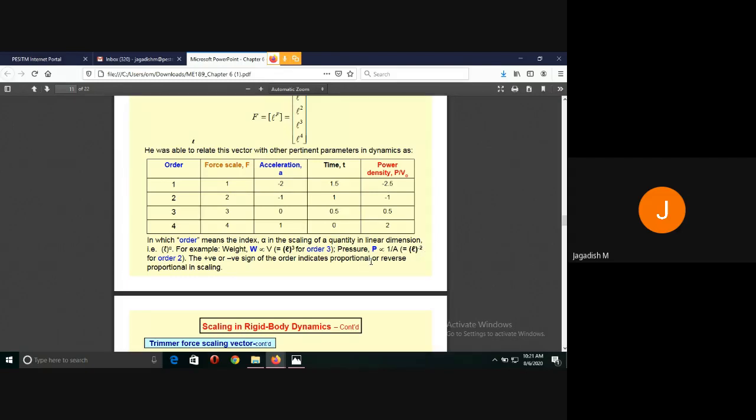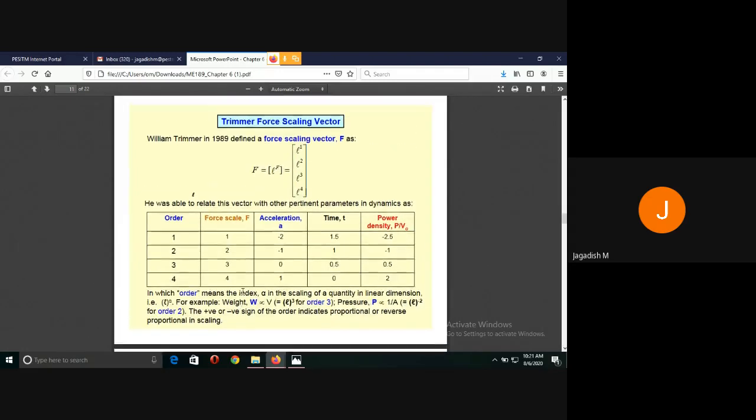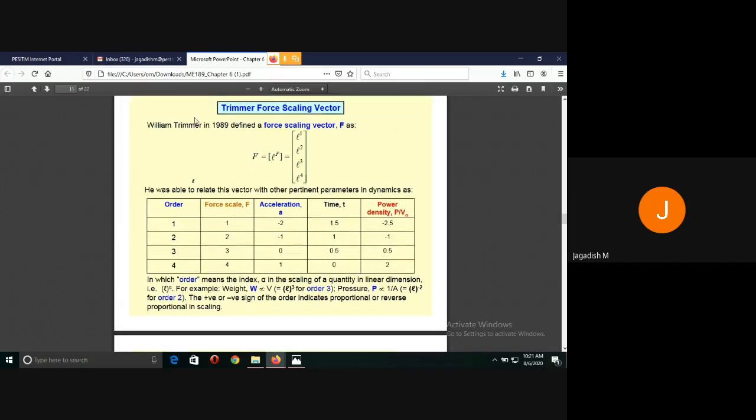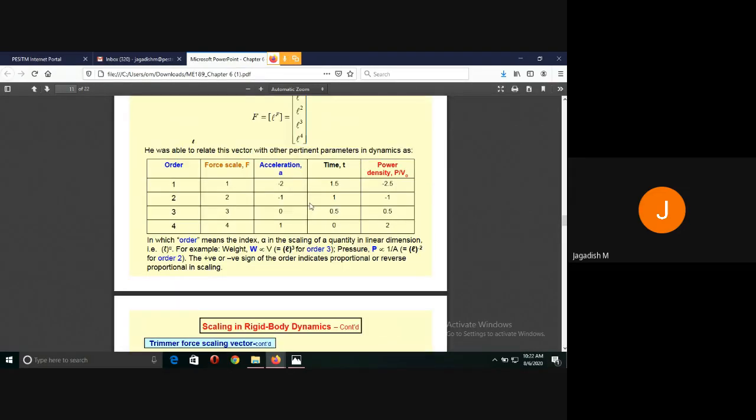The positive and negative indicates whether it is a reverse proportional or the normal proportional. Remember this Trimmer force scaling vector equation, that is F is proportional to L1, L2, L3 and L4.